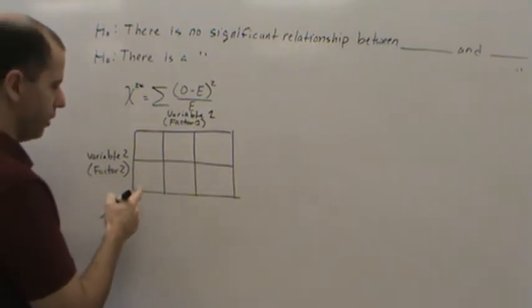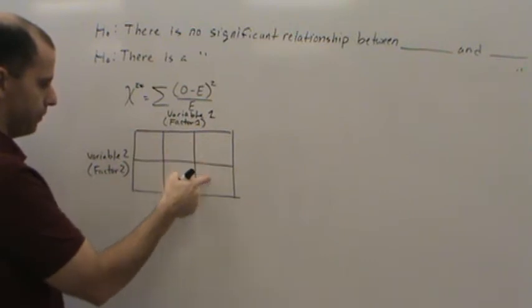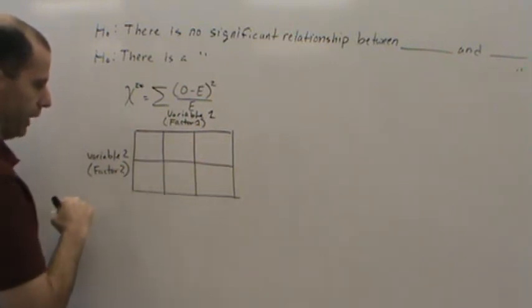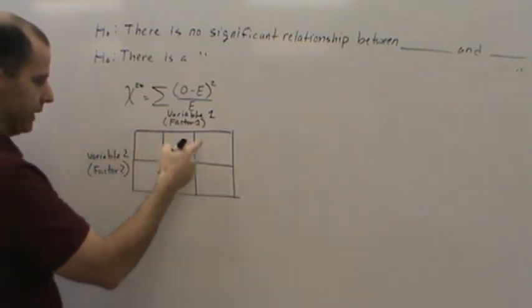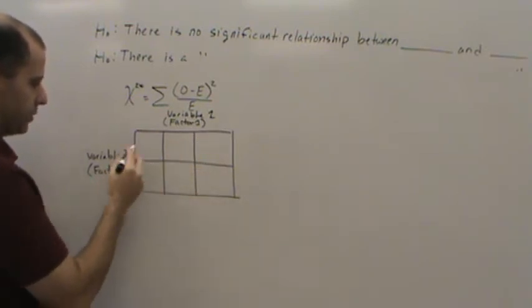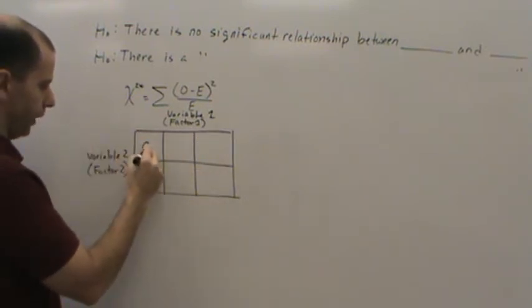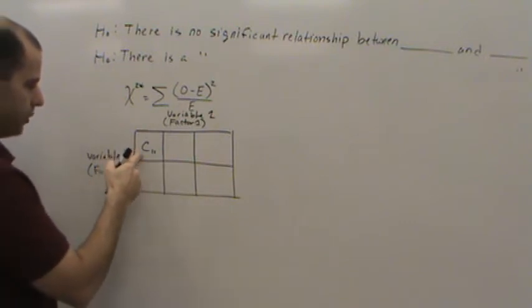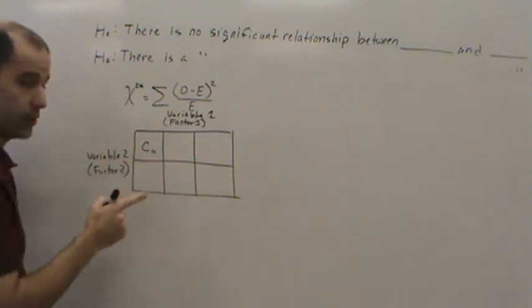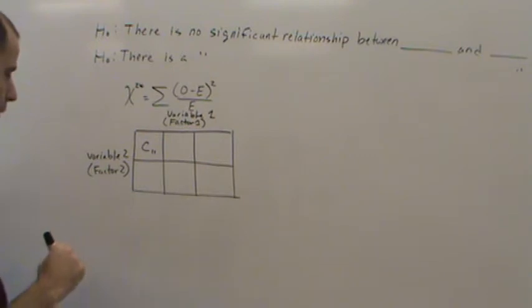In this case, we have to look at each of these as a cell. We're going to have a frequency in each one of these cells. We can look at this as cell 1-1 because it's the first row, first column. It's always row followed by column, so row is always first.